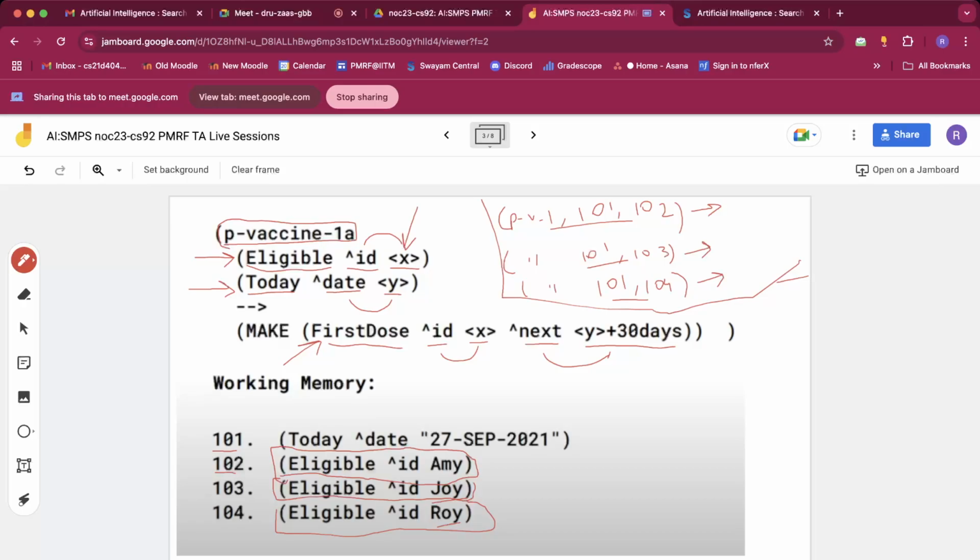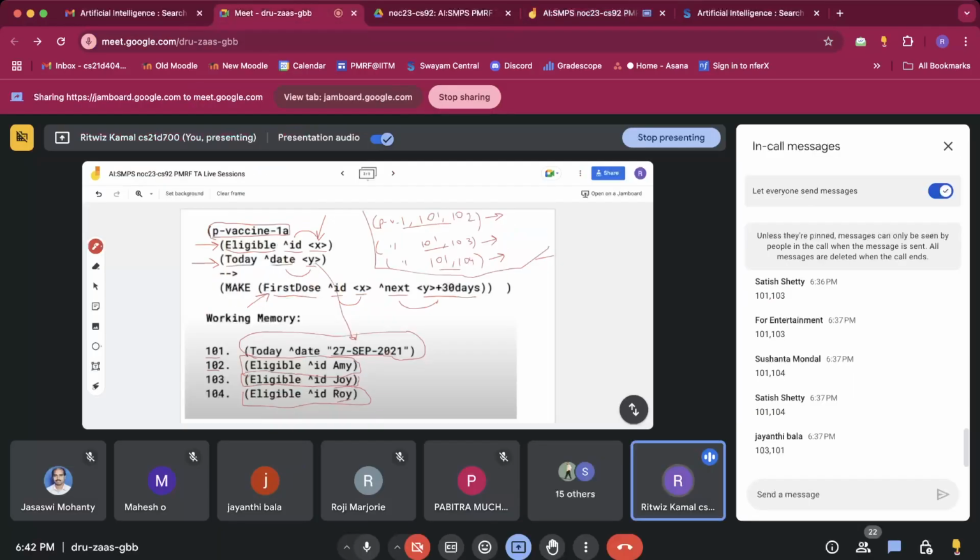And it will also try to match the pattern for today date Y, and it will see that there is one such pattern, and Y could be replaced by 27 September 2021. Now that it has found an equivalent pattern for each of the preconditions, it will have three different configurations in which this rule could be added to our conflict set. Does that clarify your doubt to some extent?